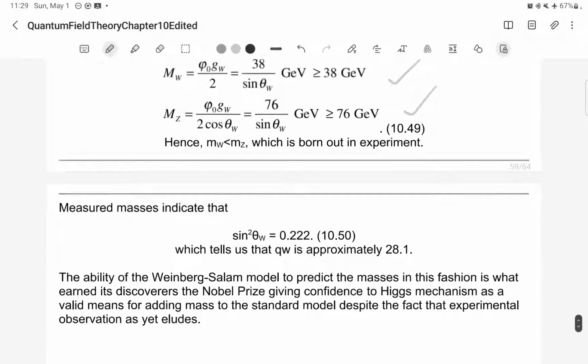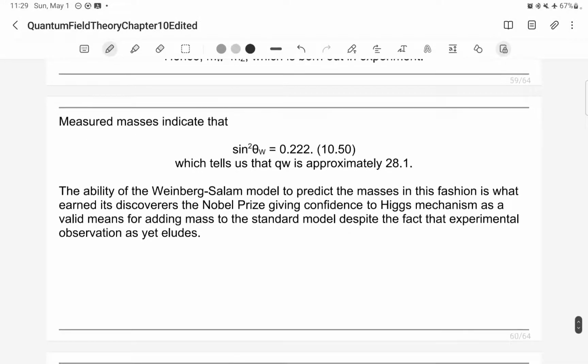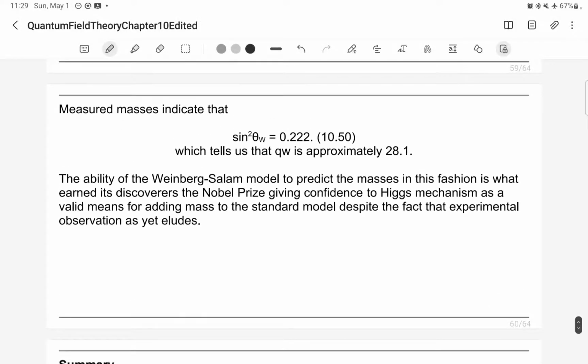So this also tells us that the measured masses indicate that sine squared theta W is equal to 0.222, or theta W is 28.1.